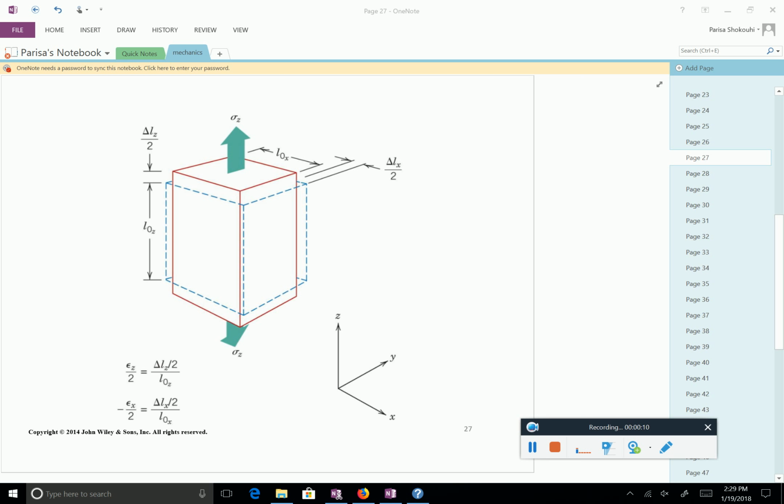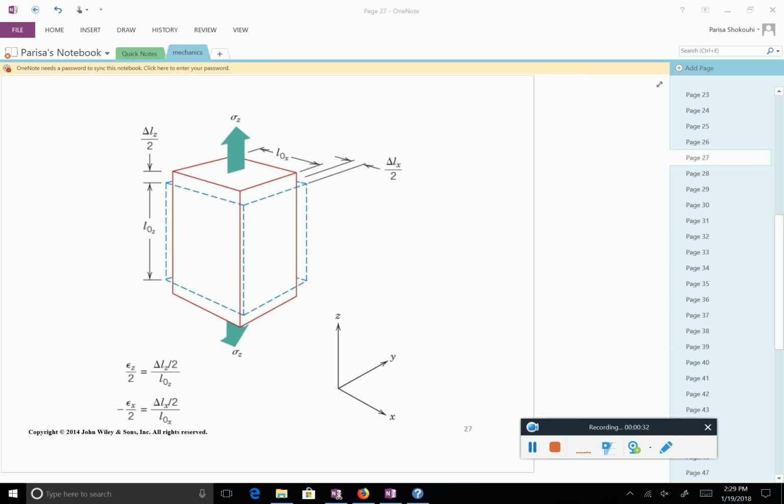So I hope you still remember from Wednesday that if we have a uniaxial stress situation, like here, if you pull on one dimension, on the other dimensions you see also a change in dimensions.